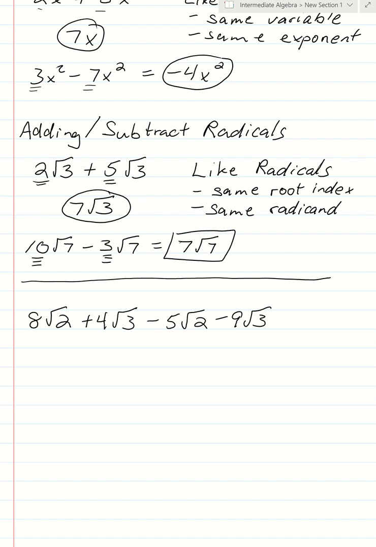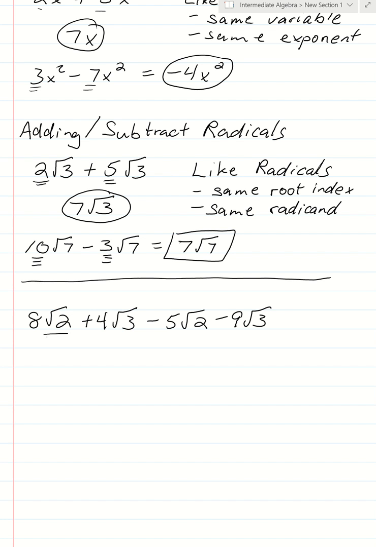Now, in order for us to add and subtract these radicals, once again, they must be like radicals, in which case we are looking for the same root index and the same radicand. They all have the same root index, in that they are all square roots. But there are two different radicands.